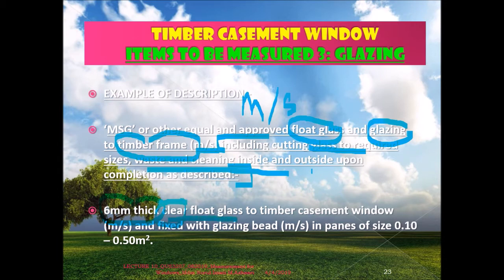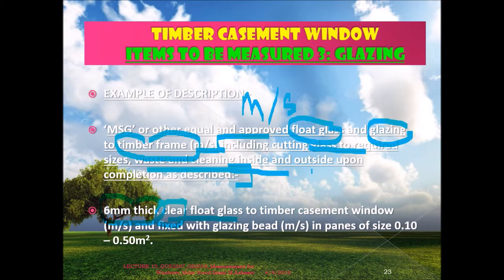Clear is where the light can pass through, but if opaque, you can only see a certain part, it is not passing through. So that needs to be clearly stated.